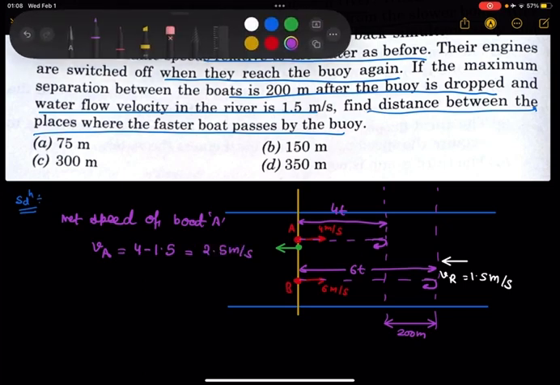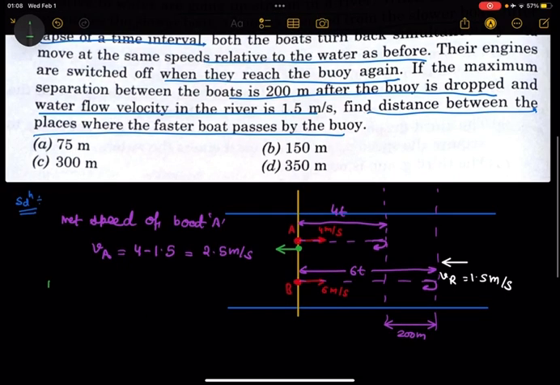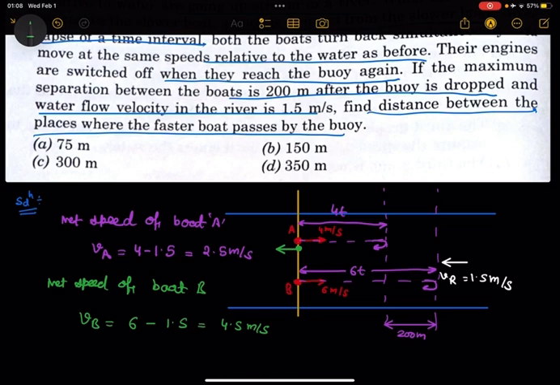And if we want to calculate the net speed of boat B, it is 6 minus 1.5, that is 4.5 meter per second.